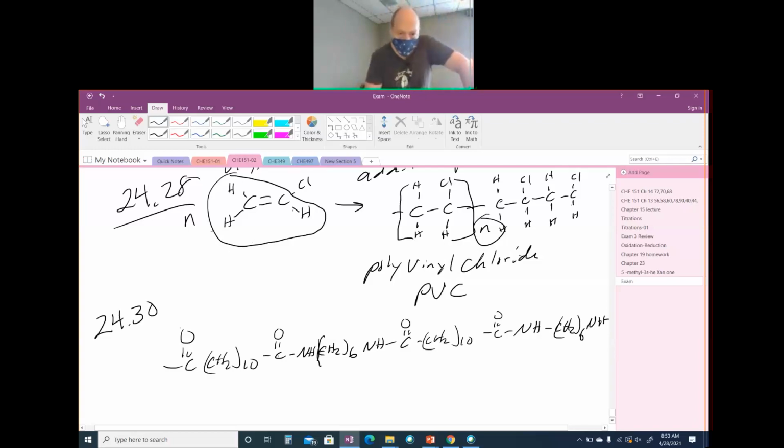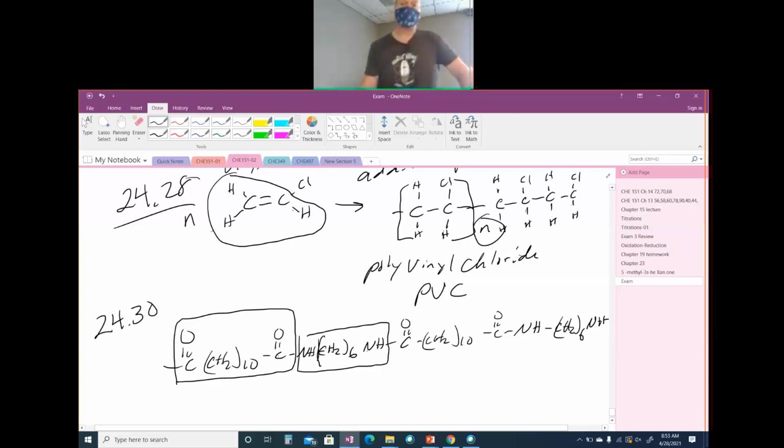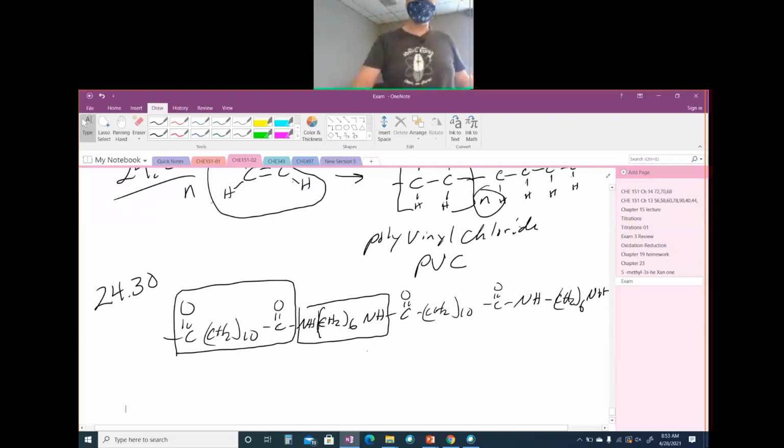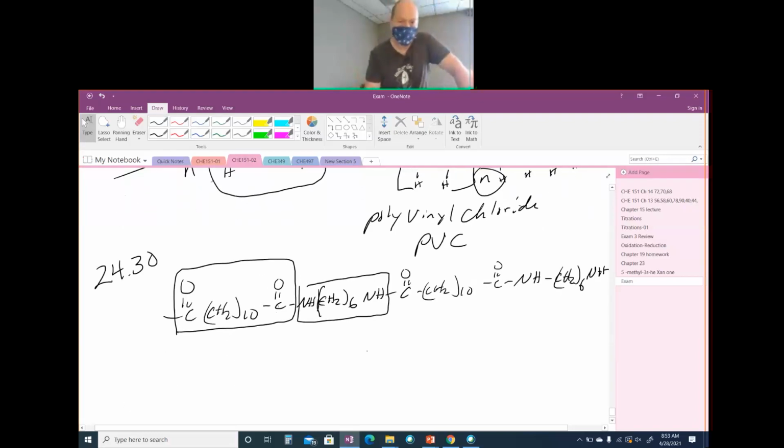All right, and so what we see is we're going to have a compound that has 2 carbonyls, and we're going to have another compound that has 2 amines. And so those are the 2 monomers, and this is a condensation polymer. And so it's going to lose water. And so we're going to do hydrolysis. We're going to split it with water.